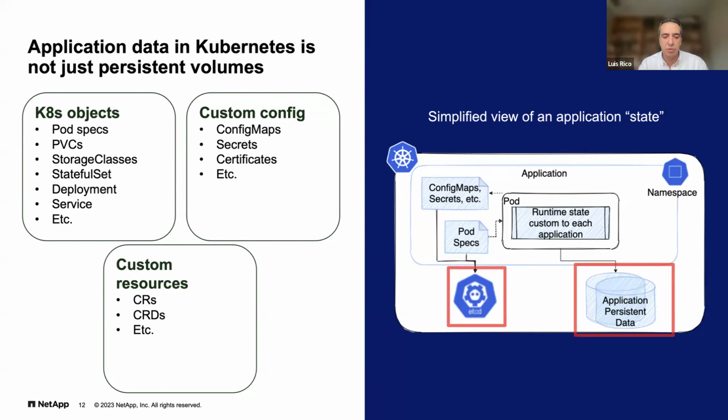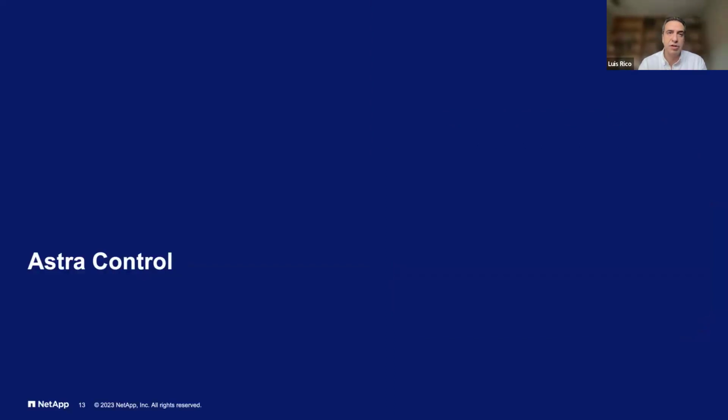So with Astra Control, we wanted to provide a solution that is able to give data protection and data management for Kubernetes applications as a complete unit: data in the persistent volumes, but also metadata in the Kubernetes resources space. And that is what we have done with Astra Control.